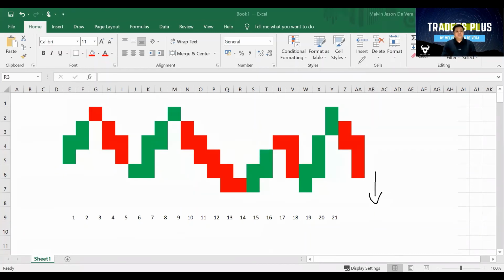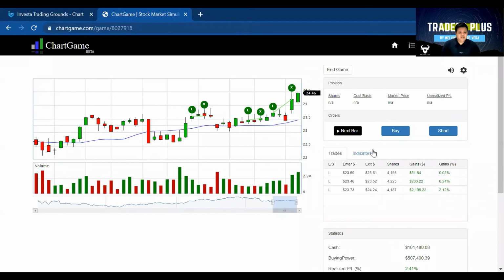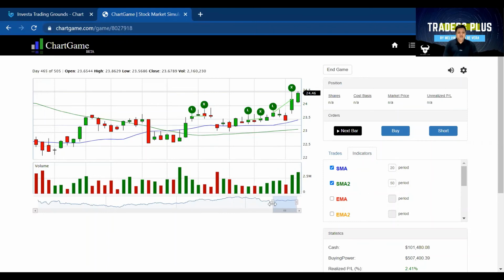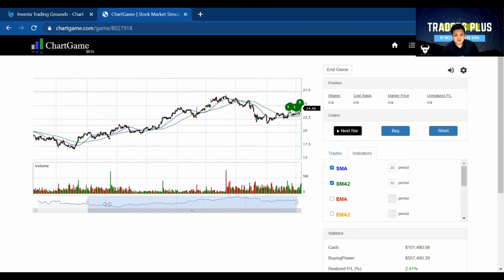Now, let's try to test that here. Okay, so ngayon, I will put my second moving average 50. So kung titingnan nyo, kapag nag-cross din dito ang moving av, like the blue cross the green here, the blue crossed downward, the price went down.